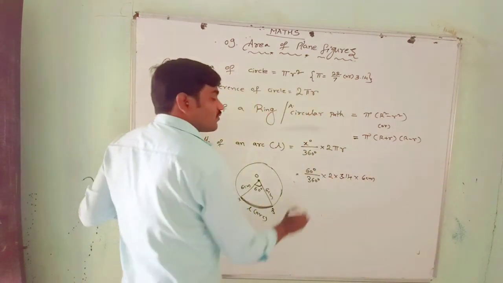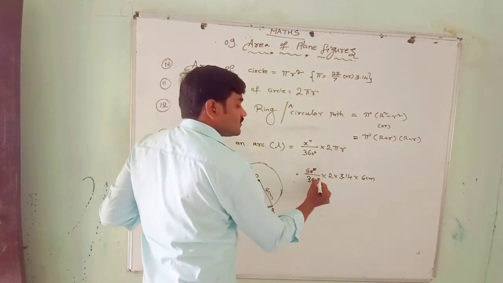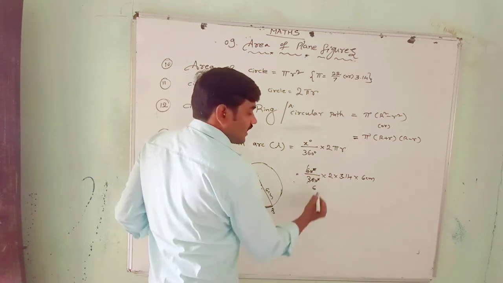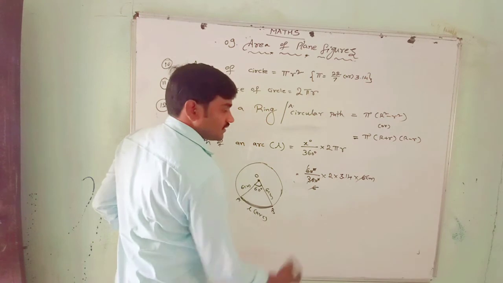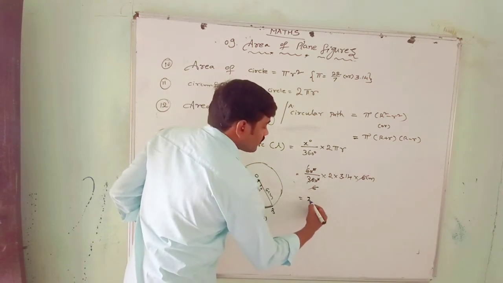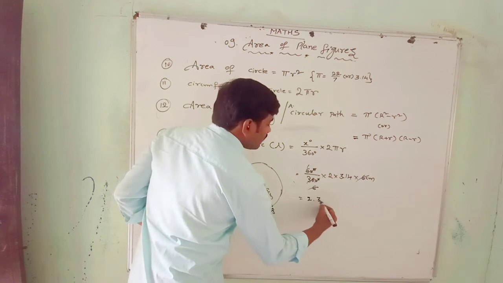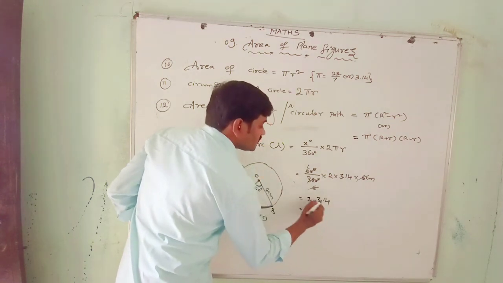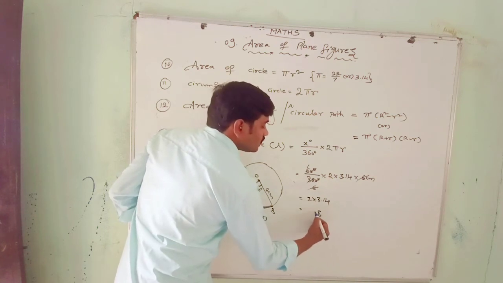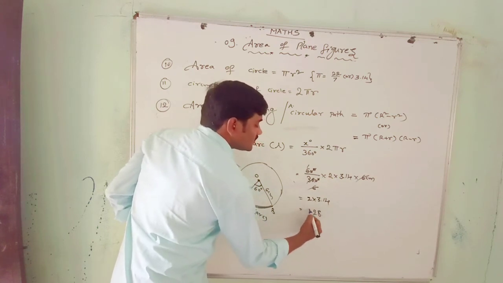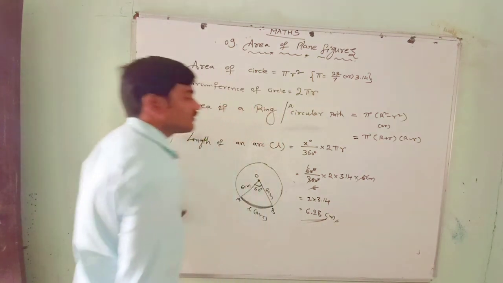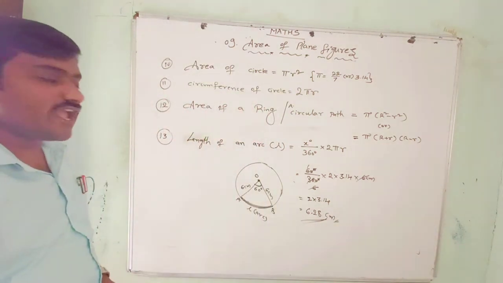Here 10 gets cancelled. 6 ones are 6, 6 sixes are 36. And here 6 and here 6 get cancelled. So what is left now? 2 into 3.14. Here 2 fours are 8, 2 ones are 2, 2 threes are 6. The length of the arc is 6.28 centimeter.